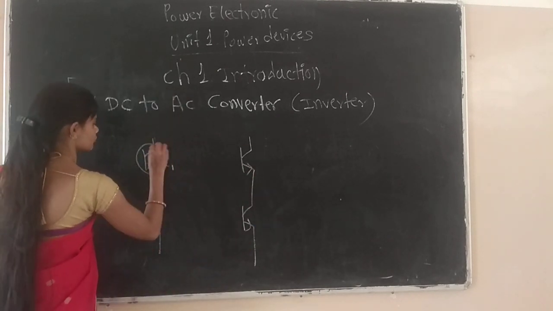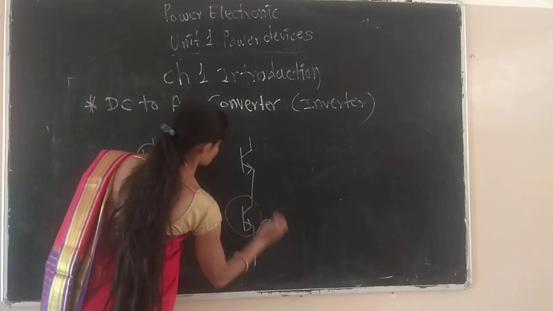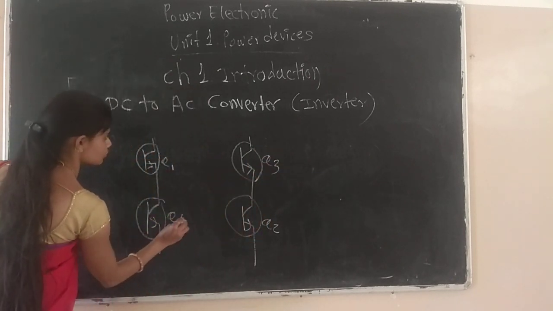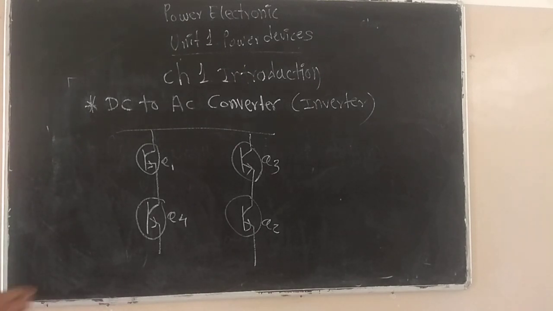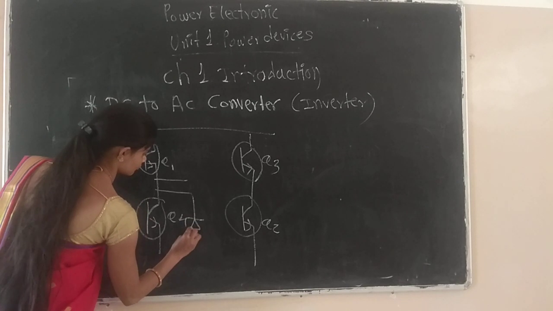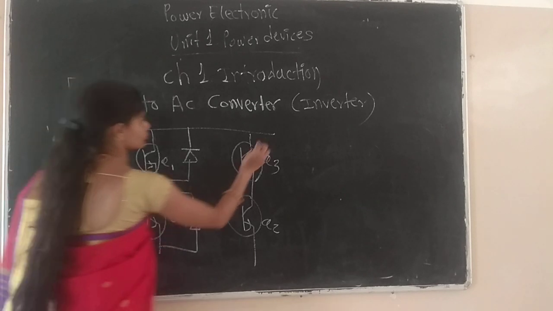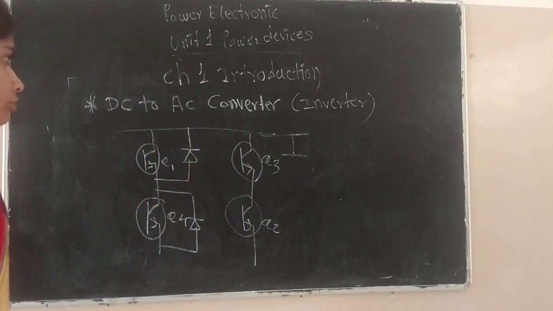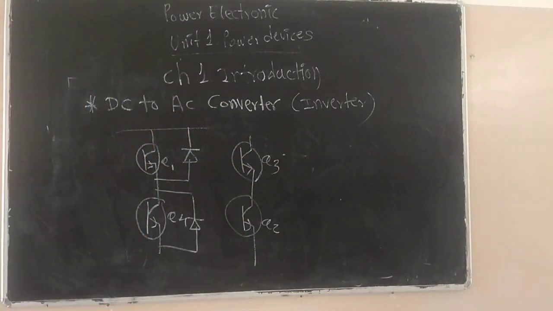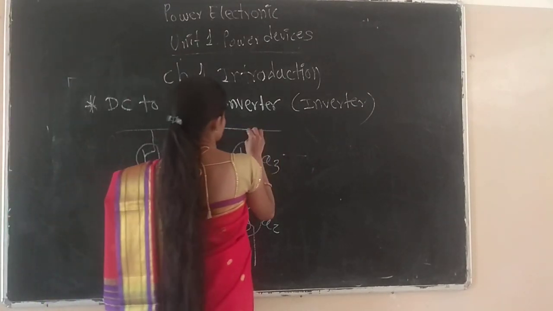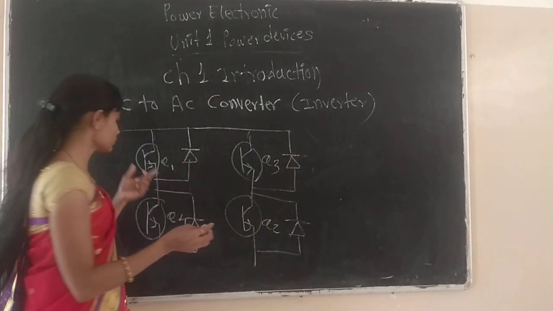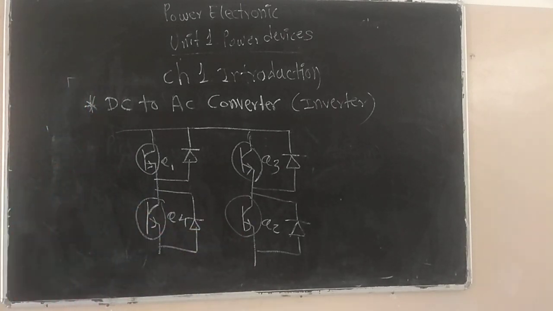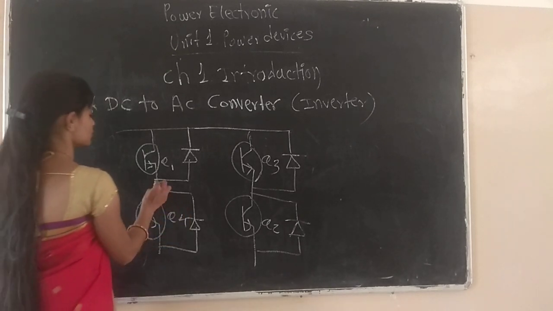Here is transistor Q1, here transistor Q2, here transistor Q3, and here transistor Q4. Four transistors are used, and these four transistors are biased alternately.